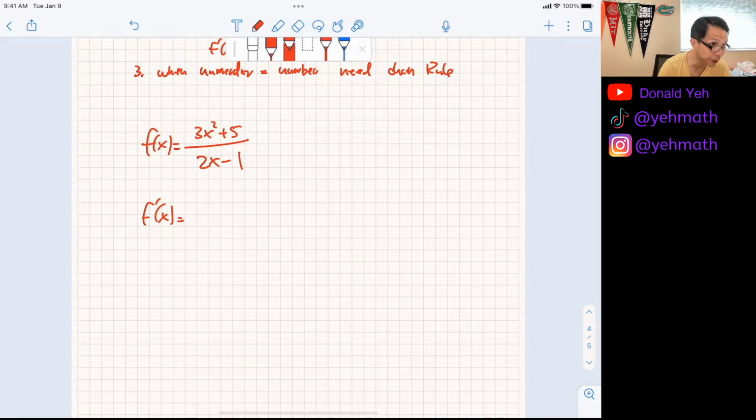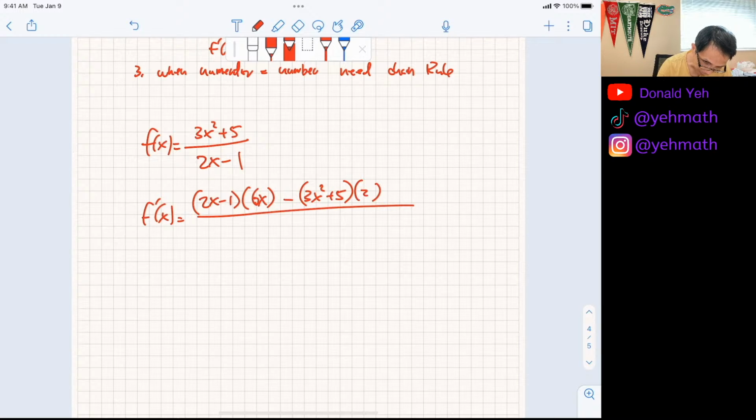Can I avoid quotient rule here? Okay, I'm just going to do it. Low d high minus high d low over low low. Did you guys forget anything?